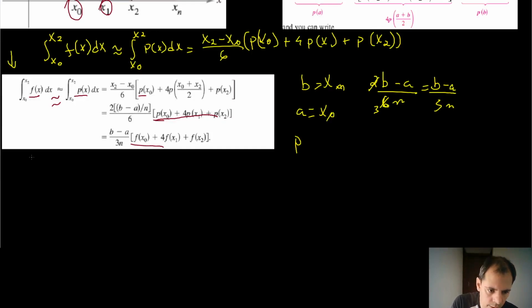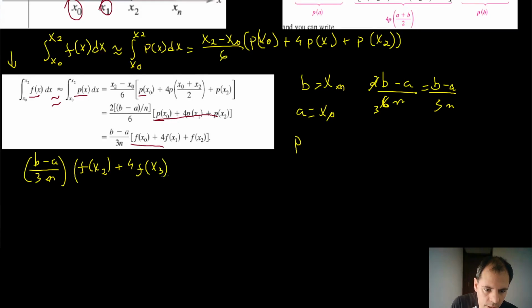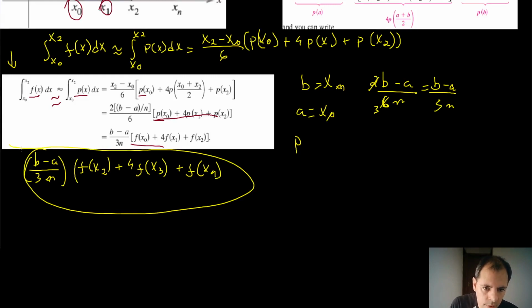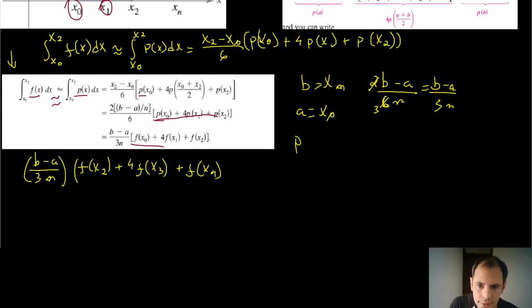You're going to do b minus a divided by 3n, and then f of x2 plus 4f of x3 plus f of x4. So you're going to add this term to this term in here.